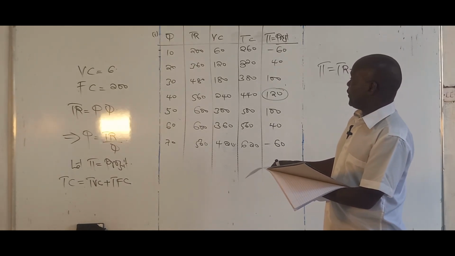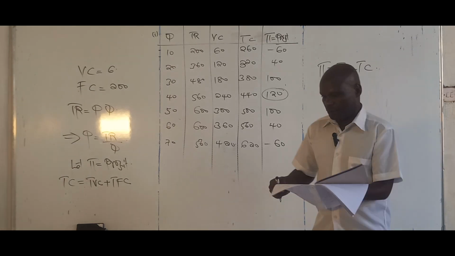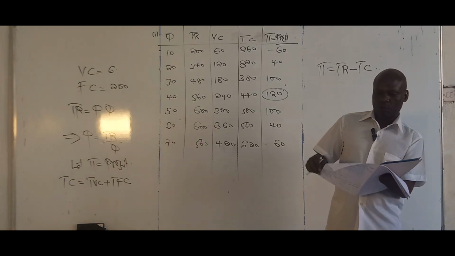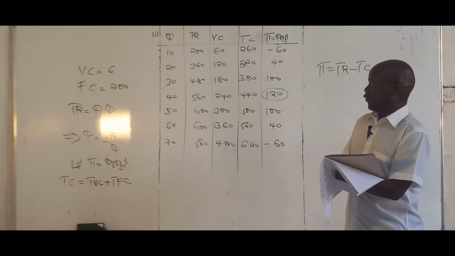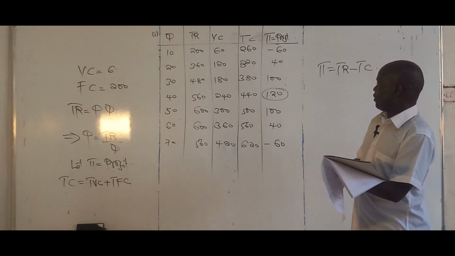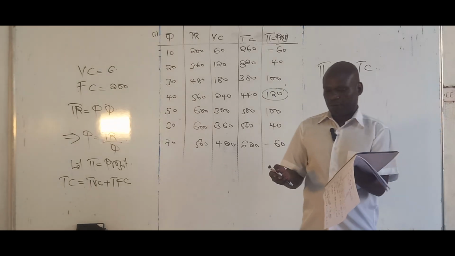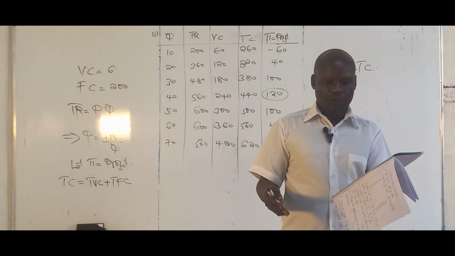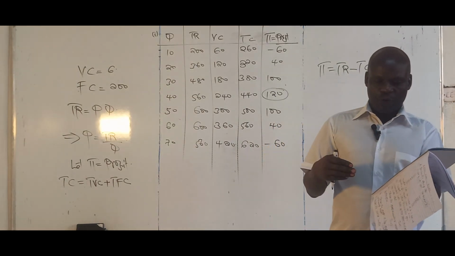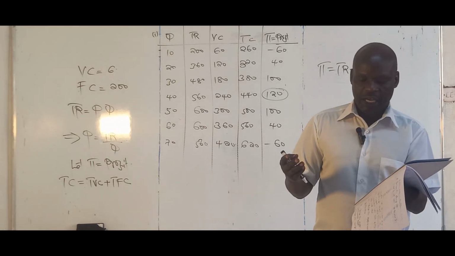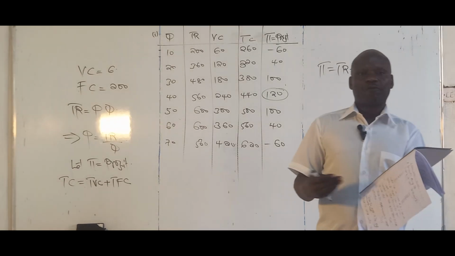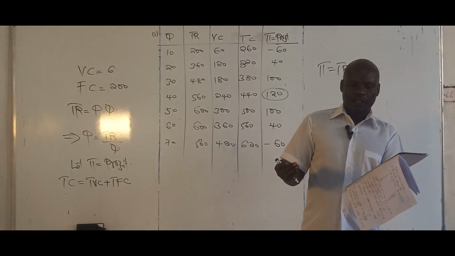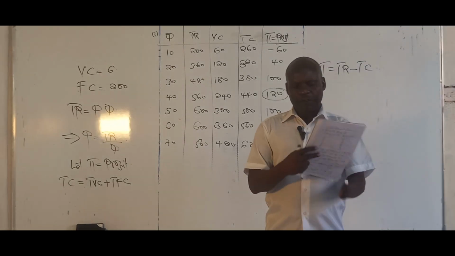I know that there are other criteria of reaching profit maximizing output. If we are given the total revenue function, we may have to derive the marginal revenue function from it.